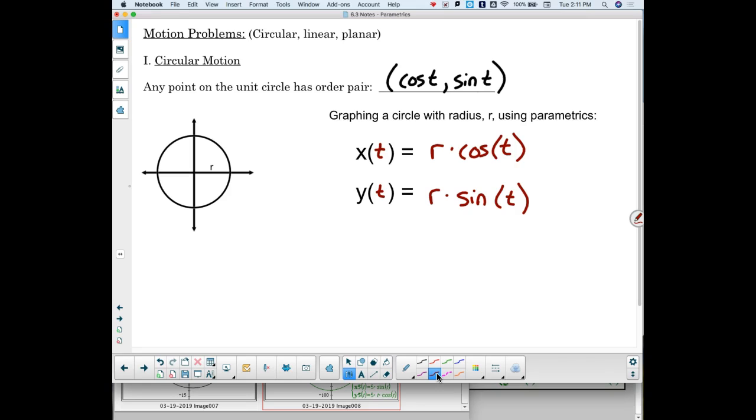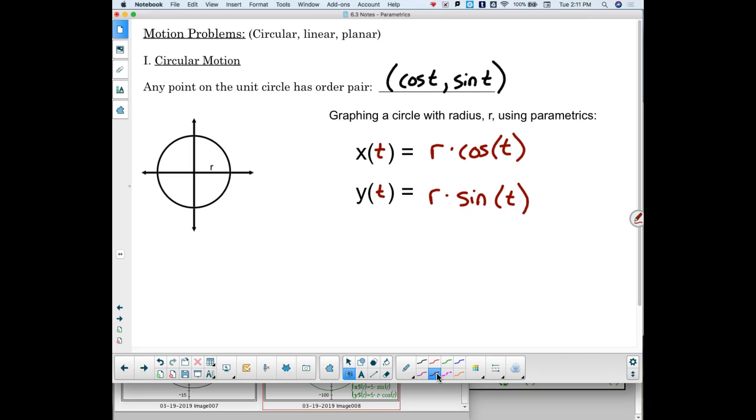If I didn't want to center it at the origin, like let's say I wanted to shift my circle to the right 7 units, what tweak would I have to make? Do t minus 7?